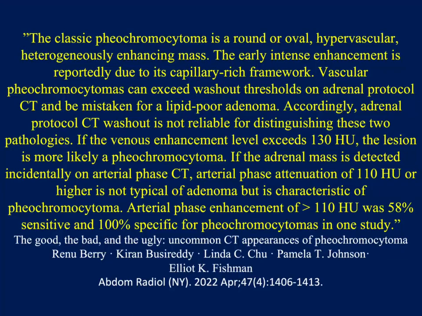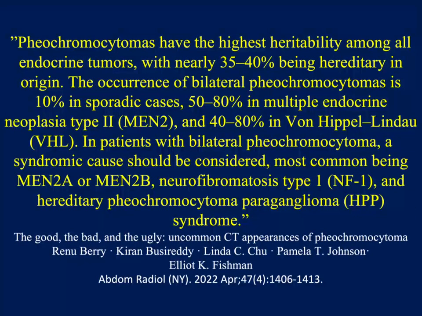But I still say that above 110, you really have to think carefully and just get a metanephrine level to be certain. Again, arterial phase enhancement of over 110 was 58% sensitive and 100% specific for Theos in one study. So be careful. Theos have the highest heritability among all neuroendocrine tumors, 35 to 40% being hereditary in origin.